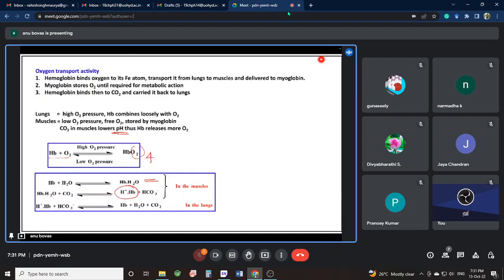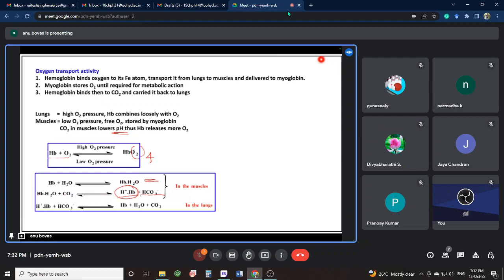Now these bicarbonate ions will diffuse to blood plasma from hemoglobin, and the blood returns to the heart through the veins, and it is then pumped to the lungs. And in the lungs, this HCO3 minus and H plus Hb will go back to H2O, CO2, Hb, and then CO2 is exhaled. Okay, this is the whole oxygen transport activity.